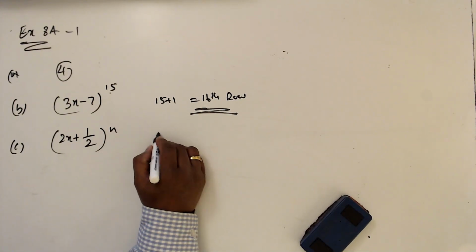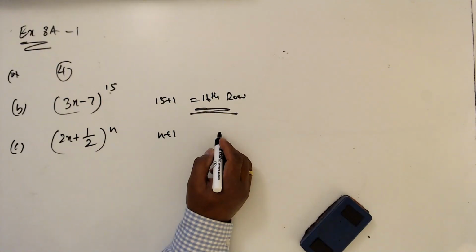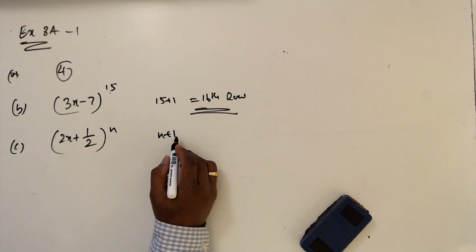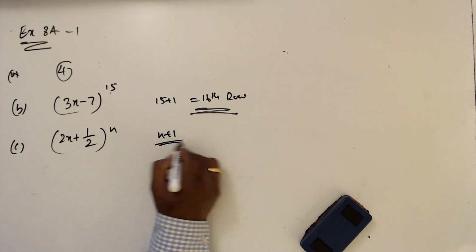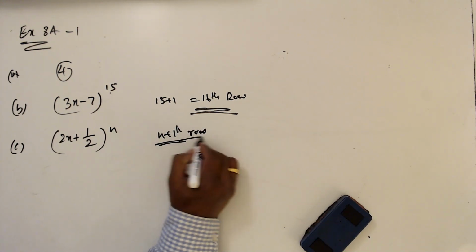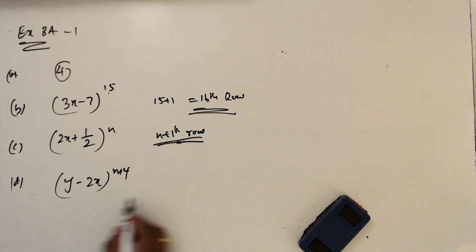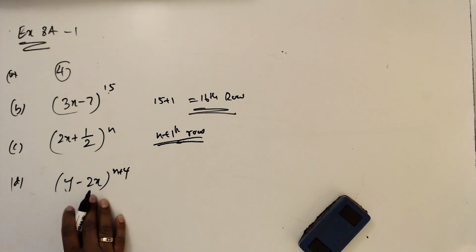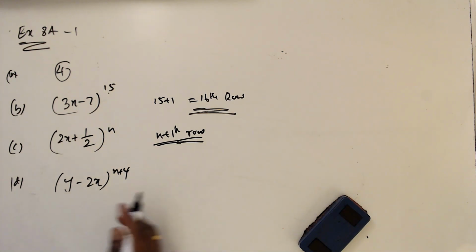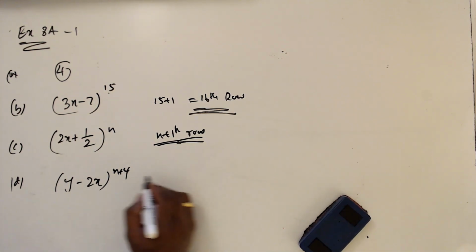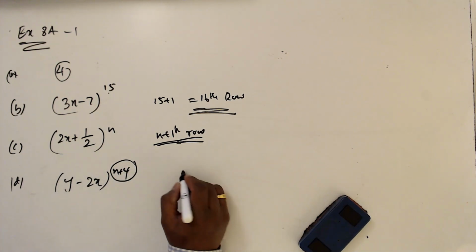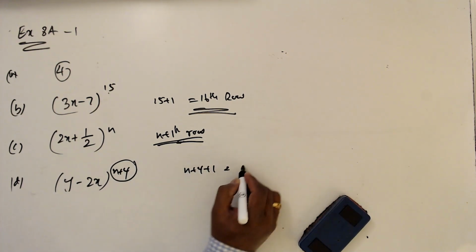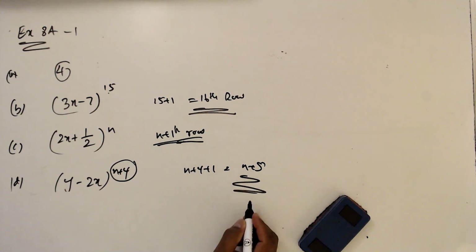So which row? n plus 1. When you expand this one, the coefficients you can find from the Pascal triangle row that is one more than this value, n plus 4 plus 1, which is n plus 5.